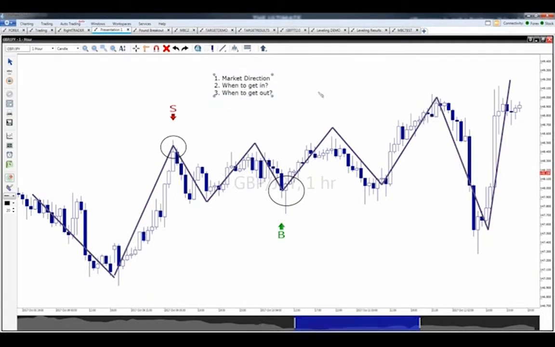Now, at Market Traders Institute, when you become a student, we use different types of resources to determine these things. We use indicators, technology, information. We use our experts, our coaches, all to determine these three things to help us determine where the market is going to move in the future.